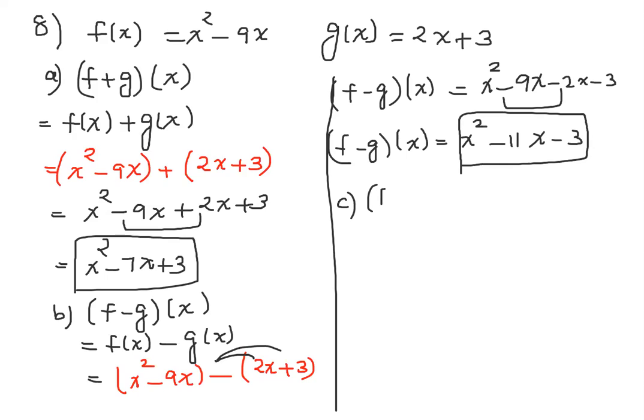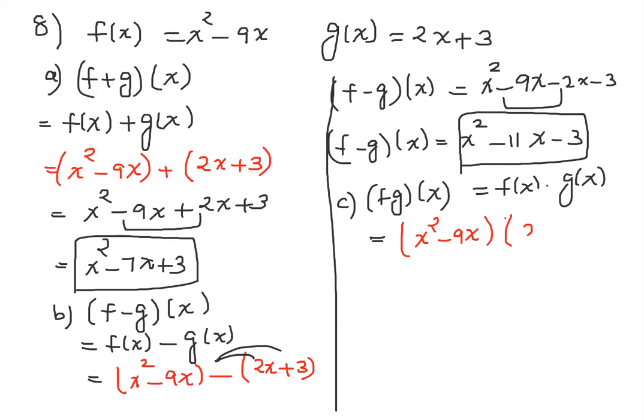Next one, f times g of x. That means we have to multiply using the FOIL method because these are binomials. Then let's plug in f, which is x squared minus 9x, and g is 2x plus 3. Now FOIL that.